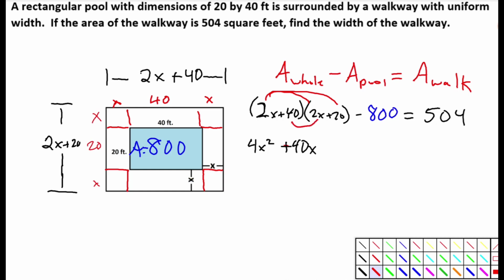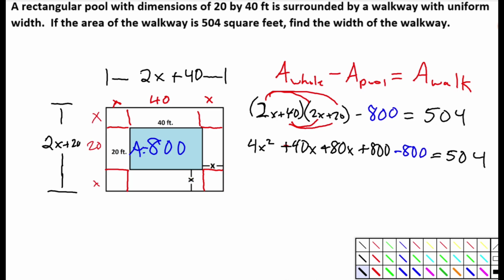We have a 2 times 40, which is an 80x. And last, we are going to have 20 times 40, which is 800. And then we're going to subtract the 800 from the pool, and that should give us 504.